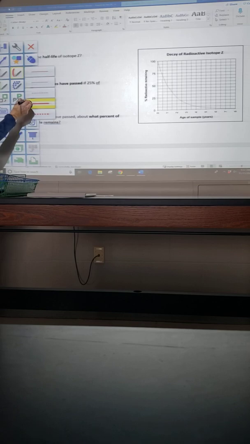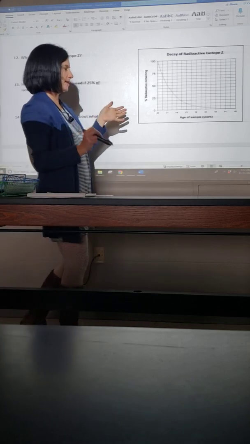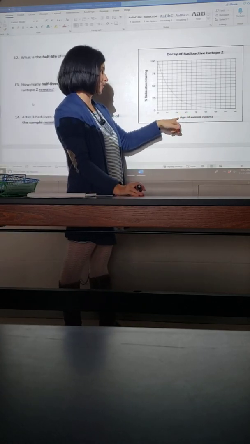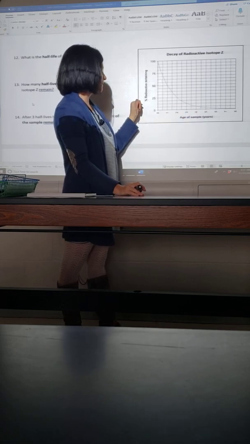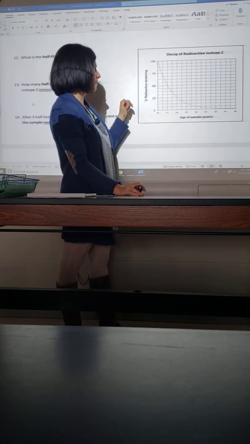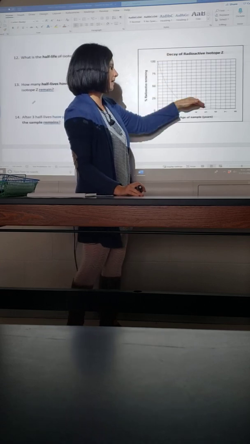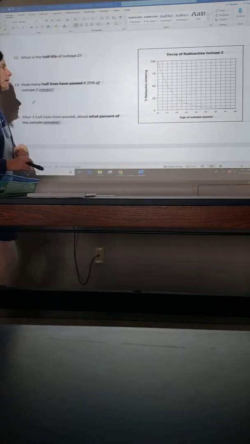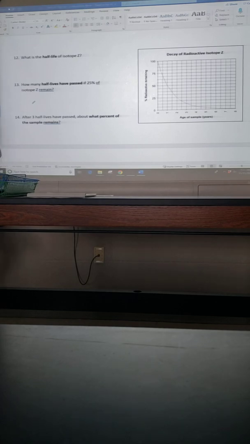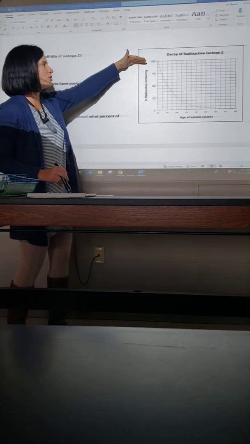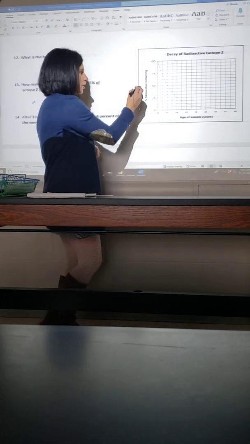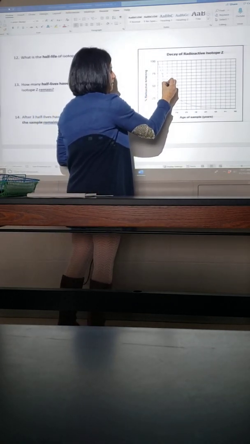All right. So I'm going to orient myself with what I see. I see the age of the sample in years down here, and I see percent of the radioactive material remaining, and I see my curve line, my decay line. So what is the half-life of isotope Z? Well, if we're starting at 100%, what is half of 100? 50. So I'm going to go to my 50, and I'm going to put a dot, right?